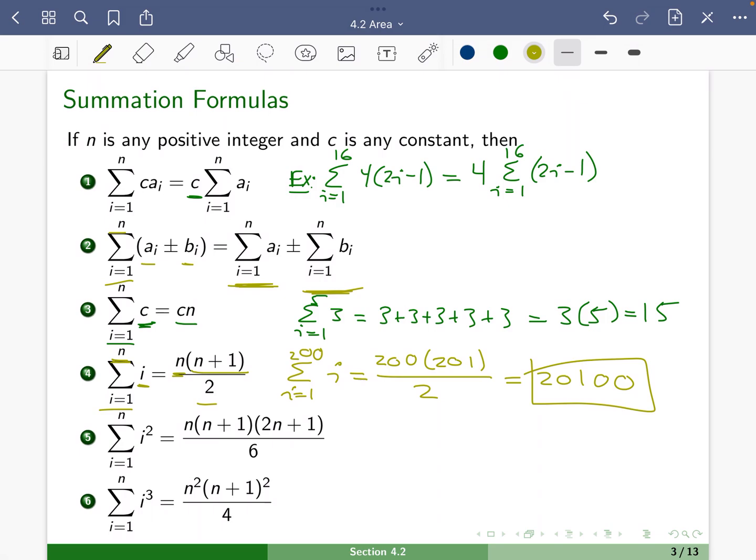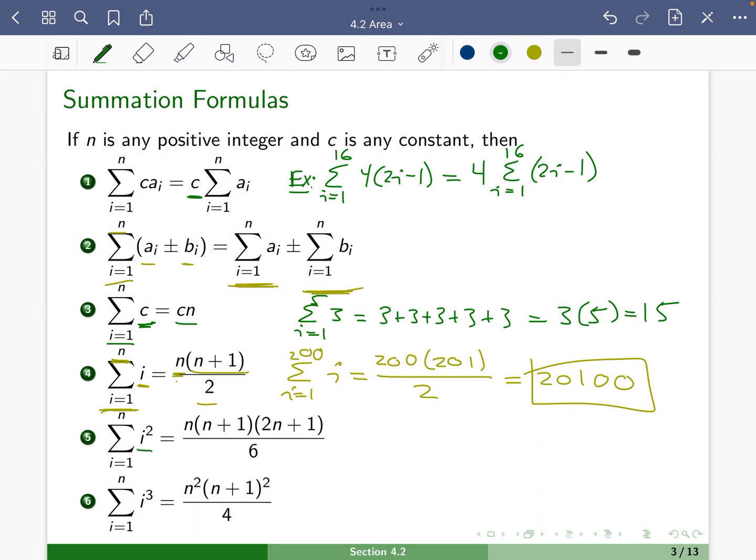Okay, so if it's just i itself, you can take the upper index, multiply it by 1 more than the upper index, and divide it by 2. Now that's provided it's starting at 1. If it starts at something else, you'll have to be careful. You'll have to think about what things you might want to do.